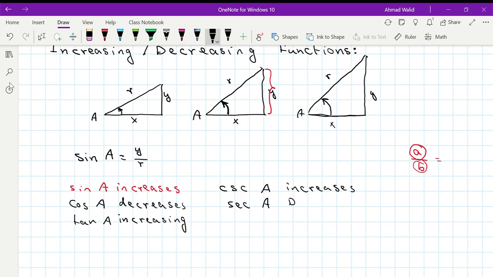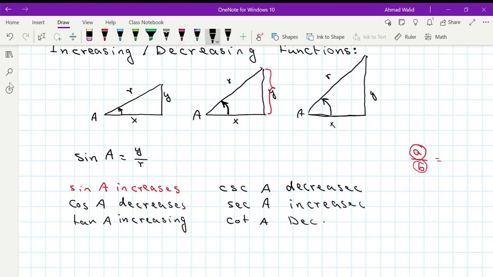Sorry, a mistake. If sine increases, the reciprocal of sine definitely decreases. It's opposite. If cosine decreases, its reciprocal increases. If tangent is increasing, then cotangent is decreasing.